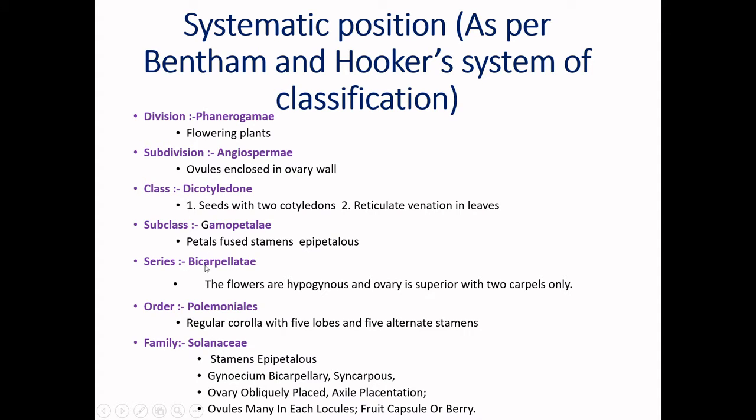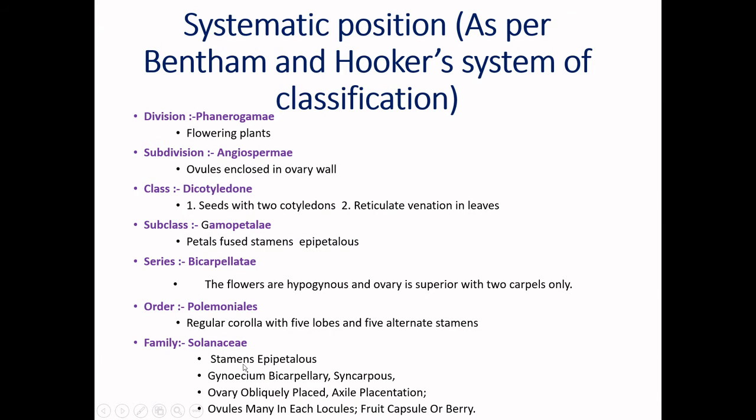Series of family Solanaceae, Bicarpellatae. The reasons are the flowers are hypogynous, that means flower is with superior ovary with 2 carpels. Order Polemoniales, regular corolla with 5 lobes and 5 alternate stamens are there. And lastly, family Solanaceae.